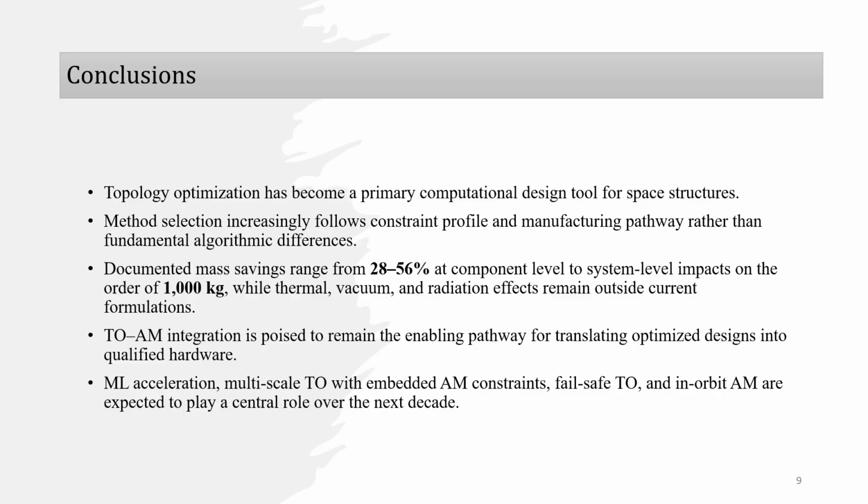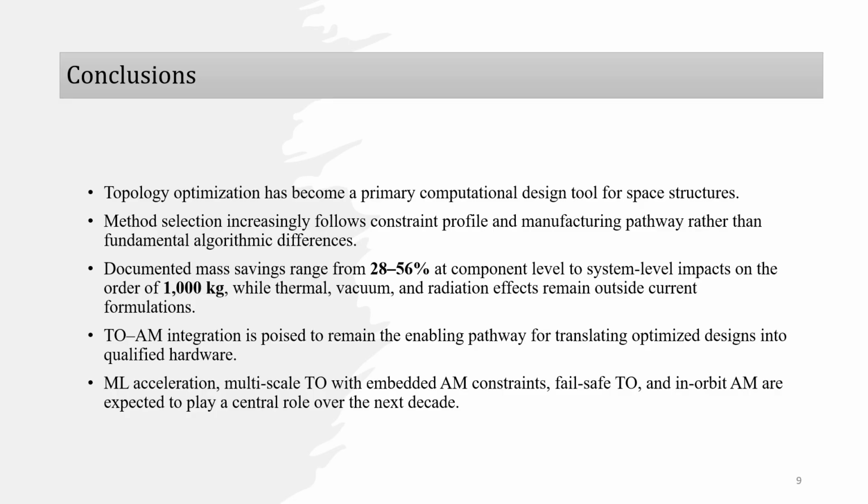To conclude, this preliminary review shows that topology optimization has become an important computational design tool for space structures. Its value lies not only in reducing mass, but also in enabling new structural concepts that would be difficult to design manually.